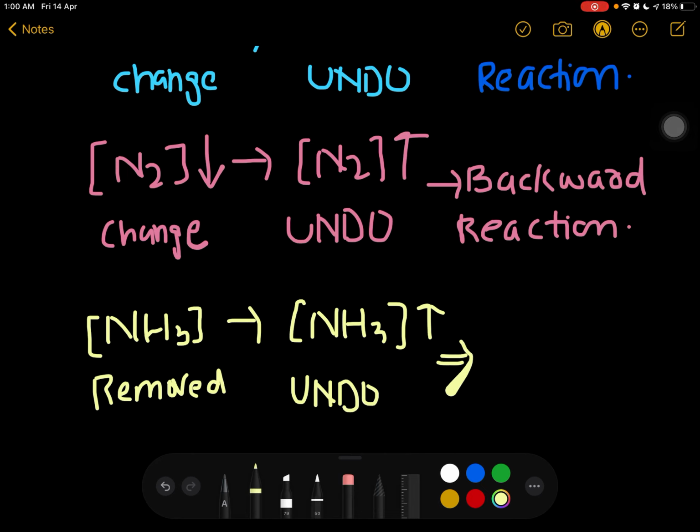So what will happen is the forward reaction will be increased, right?